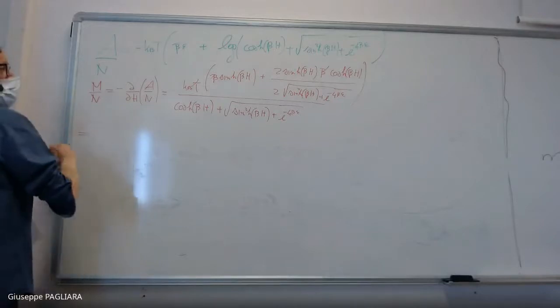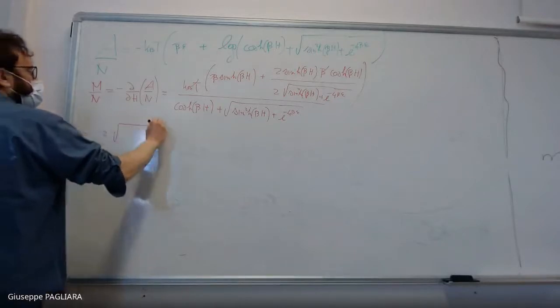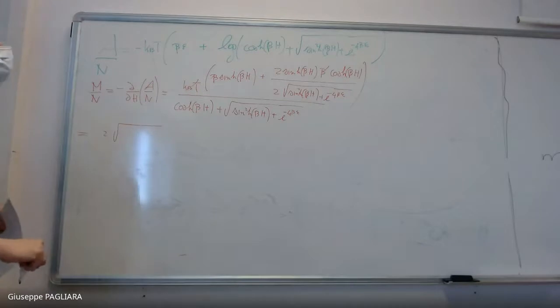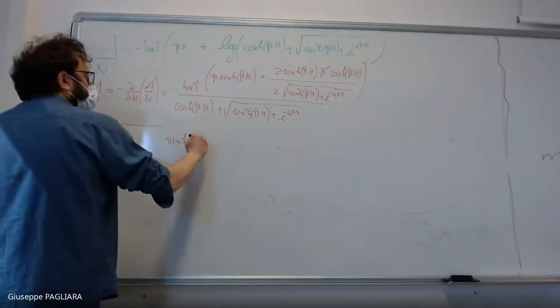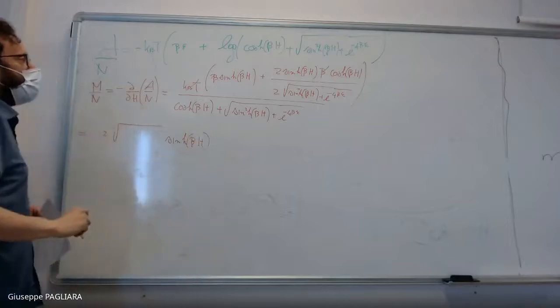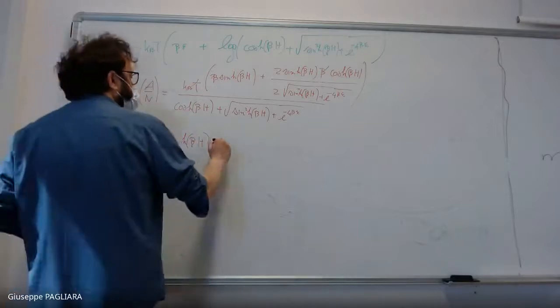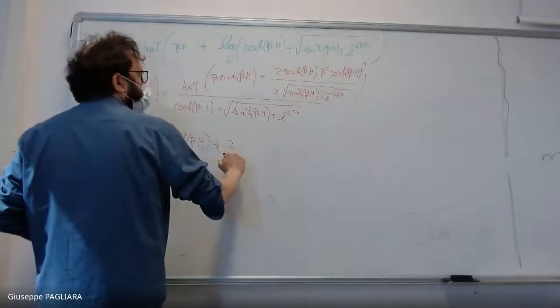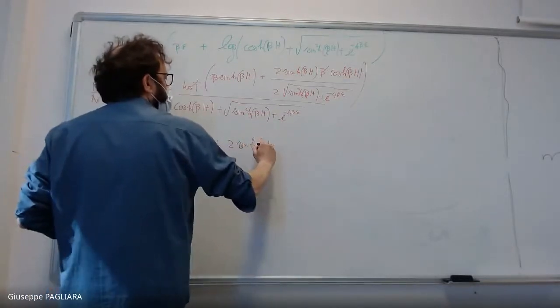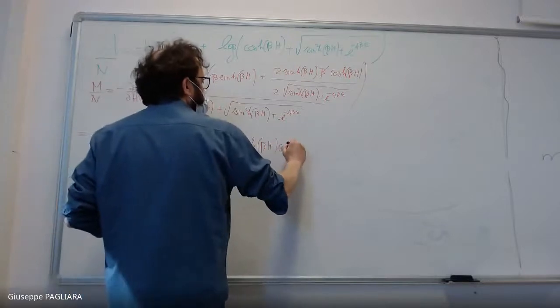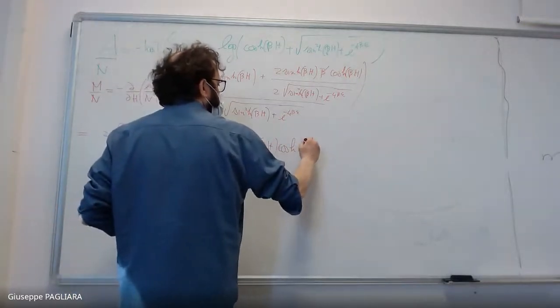So I will have the square root. I'm not going to write what is inside the square root. And I have a sinh beta h plus twice beta h cosh beta h.